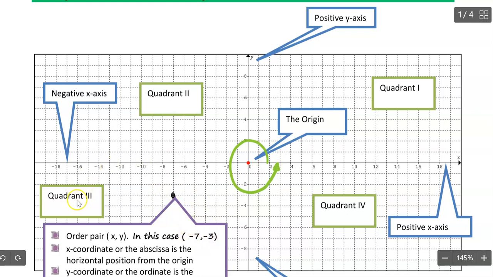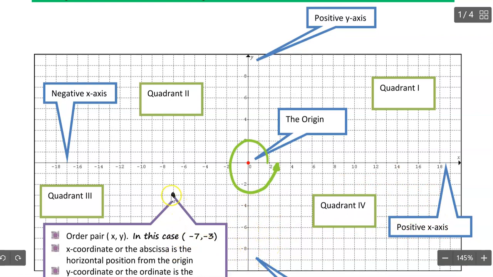If you move here, you have quadrant number 3. The characteristic of quadrant number 3 is that both x and y are negative. Now you're moving on to quadrant number 4. In quadrant number 4, you see positive values for x and negative values for y.